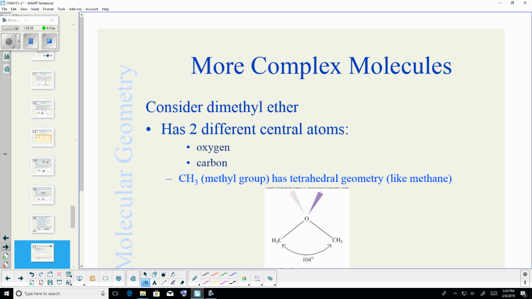If we go to more complex molecules, dimethyl ether. It has 2 different central atoms. One's a carbon and one's an oxygen. If we look at the oxygen, remember we said oxygen is going to have tetrahedral electronics. It has a methyl group here and a methyl group. So it's going to be bent around the oxygen.